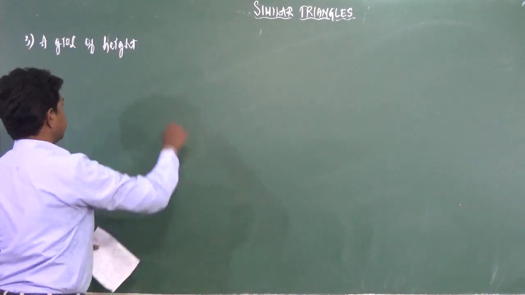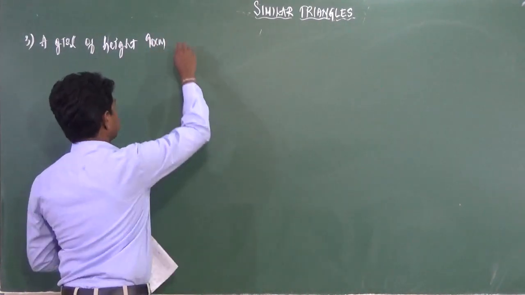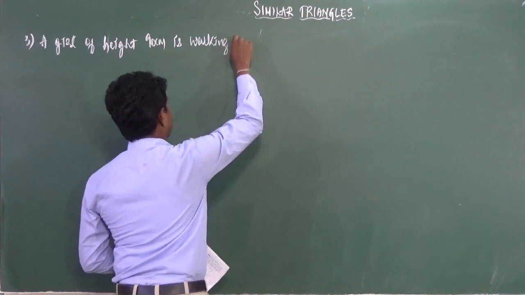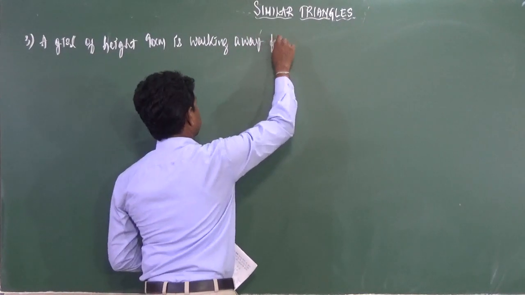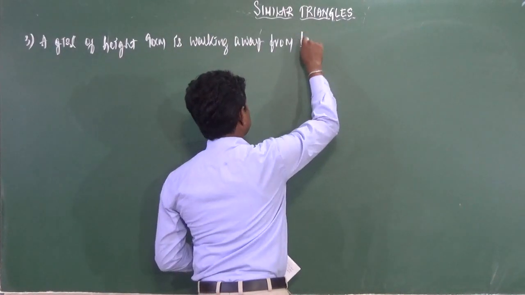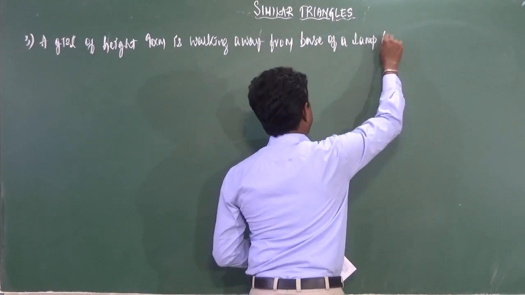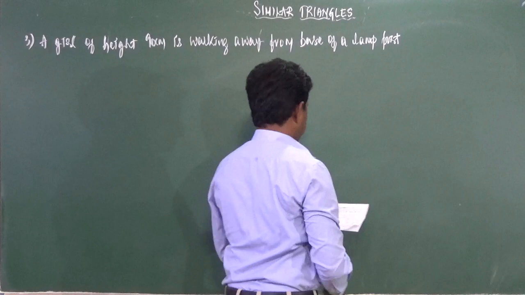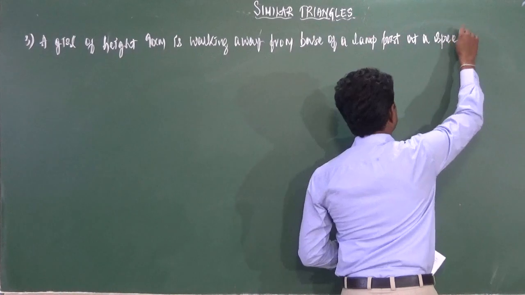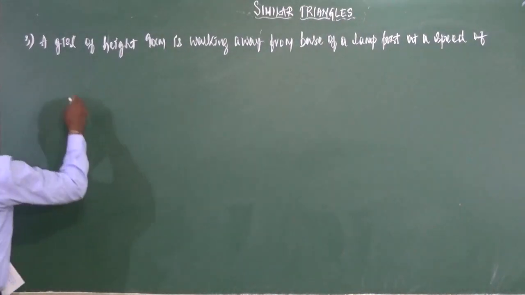A girl of height 90 centimeters is walking away from the base of a lamppost at a speed of, very important, 1.2 meter per second.